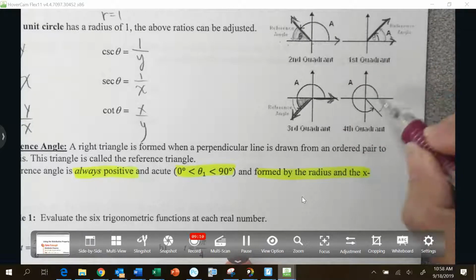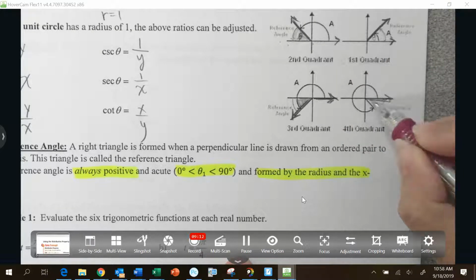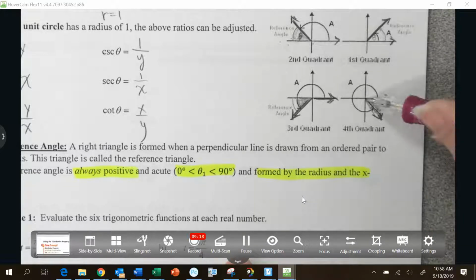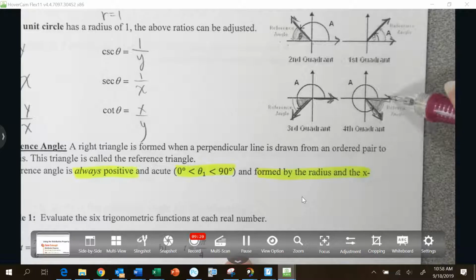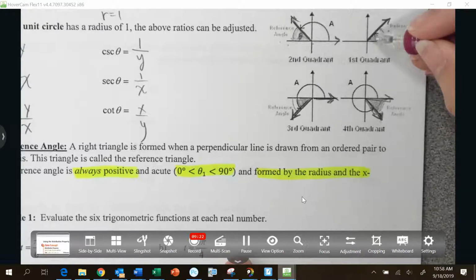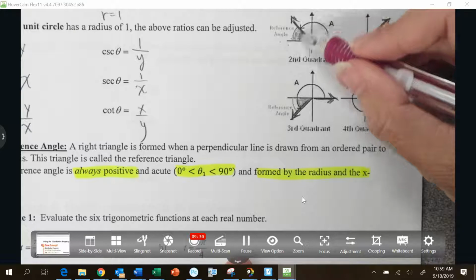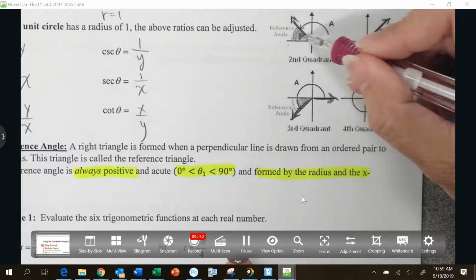If it is in the fourth quadrant, the reference angle is the one that is formed by the radius and the x-axis. It always goes to the x-axis. If you go to the y-axis, you get everything wrong. Okay? Always the x-axis. Always positive, always between 0 and 90.